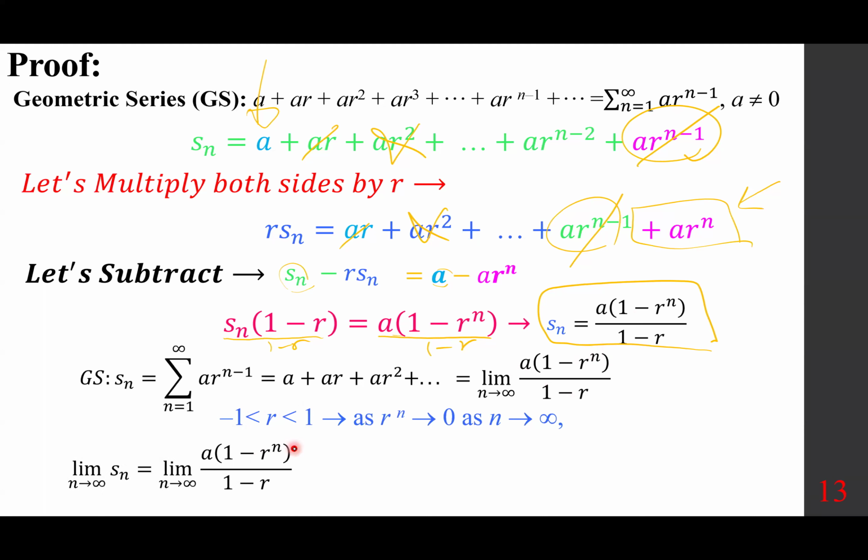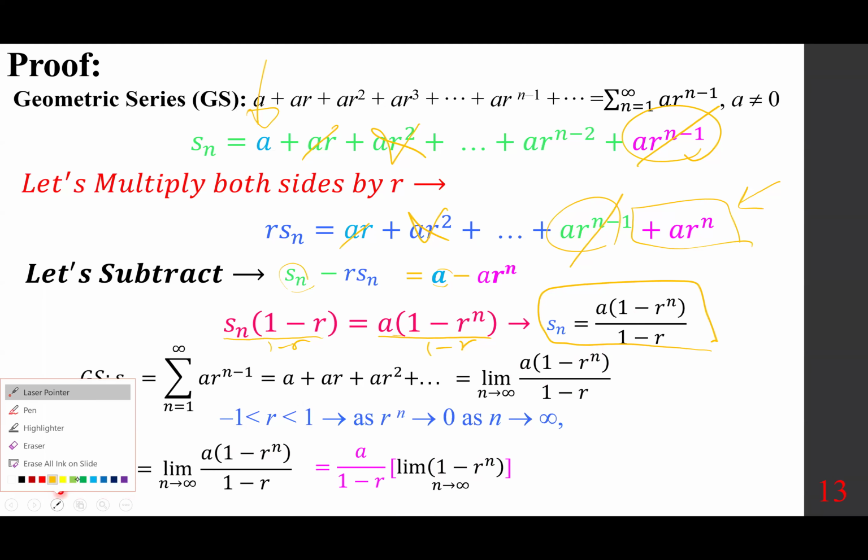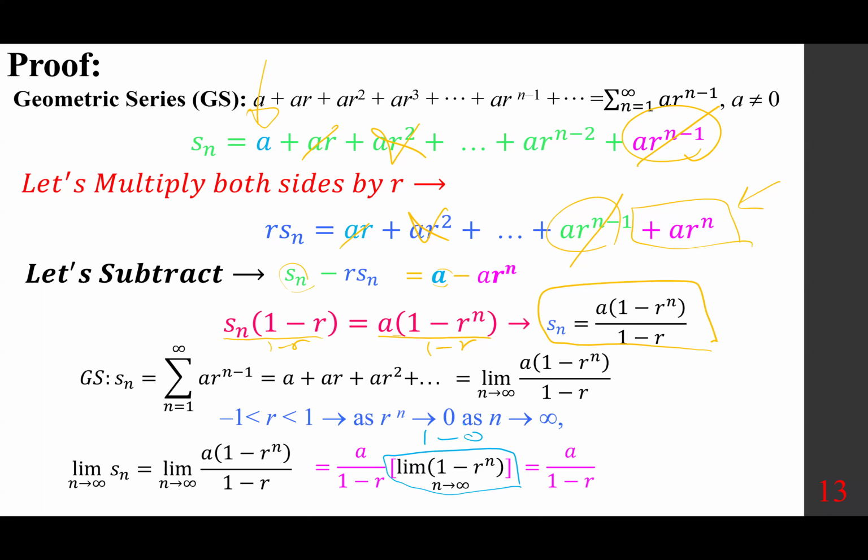So this goes to 0, and we get a times, if you take the limit of the inside, this is 1, this is 0. So this piece gives you 1 minus 0, and we get a over 1 minus r. This is also the proof where r is between -1 and 1.